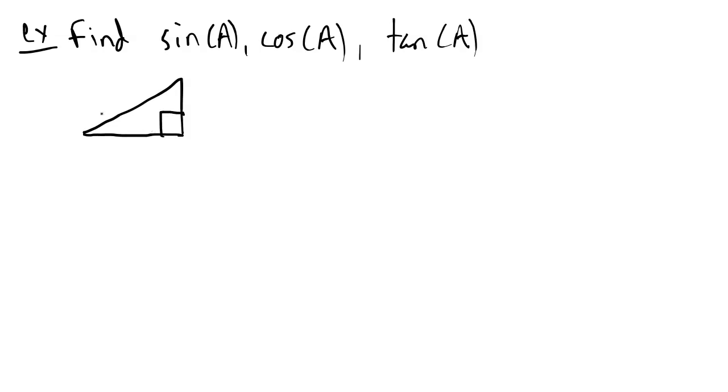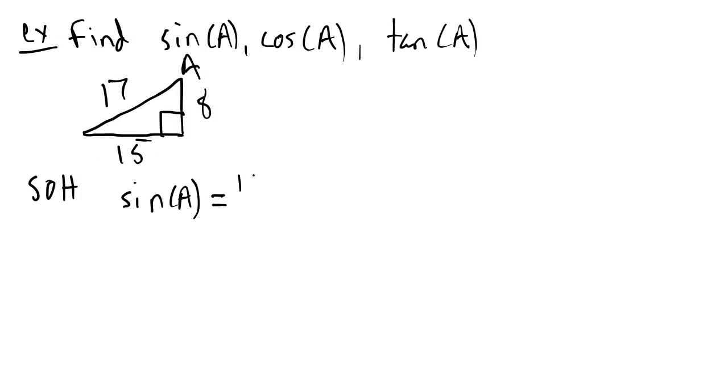And let's say these distances are 17, 15, and 8. Sine is SOH, opposite over the hypotenuse. Let's say A is this one. So sine of A will be the opposite leg, 15, over the hypotenuse, 17.